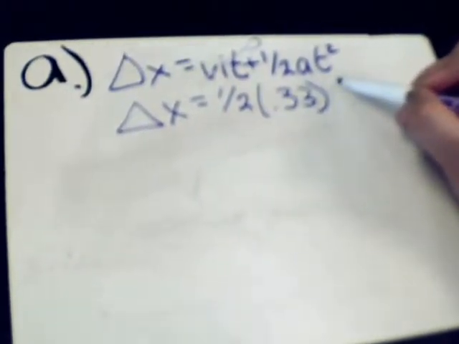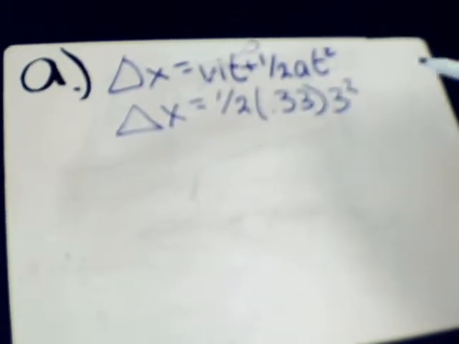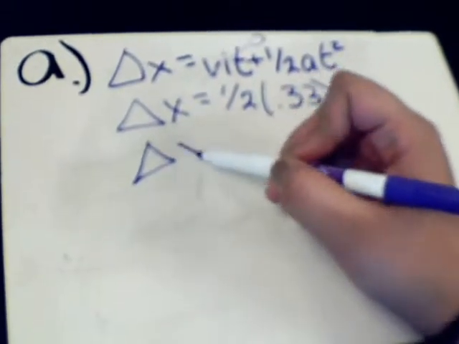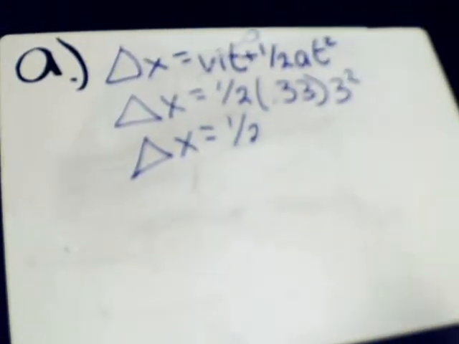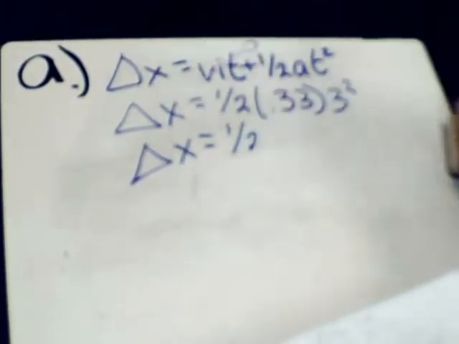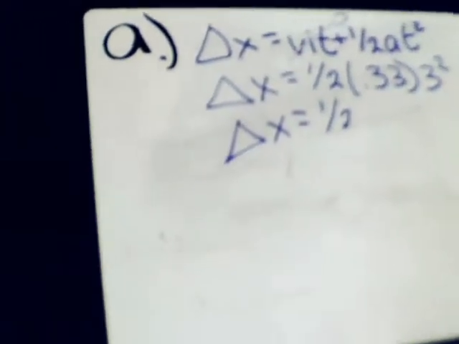So we have delta x equals 1/2 A, which we found to be 0.33, and t is given to us as 3 seconds, and that is squared.